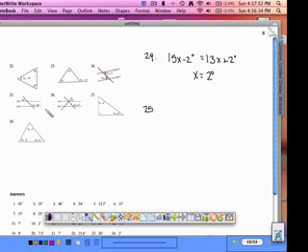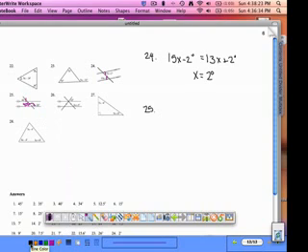Problem 25 also involves parallel lines. So when we're taking a look at the relationships involved, we can see that this 40-degree angle is congruent to this angle that's unmarked because they're corresponding angles. That means this second angle is also 40 degrees. Now this 40-degree angle forms a straight angle pair with 3x plus 20.